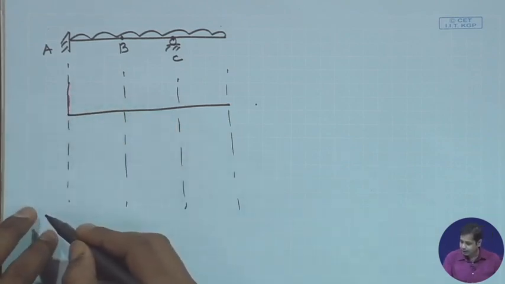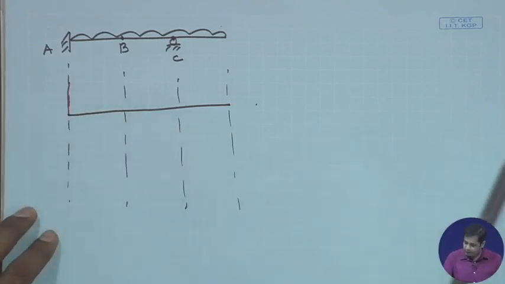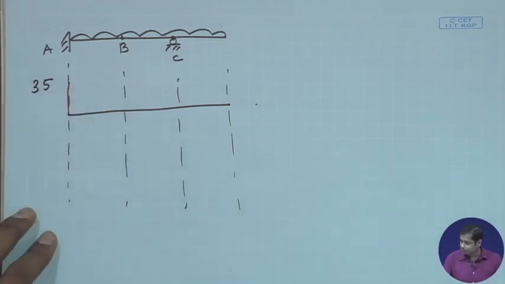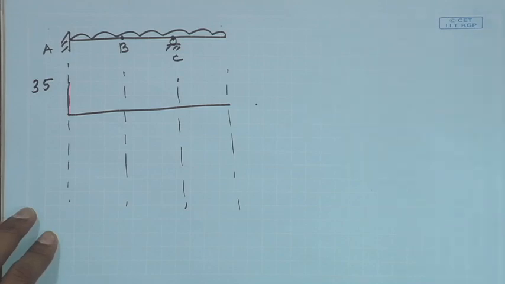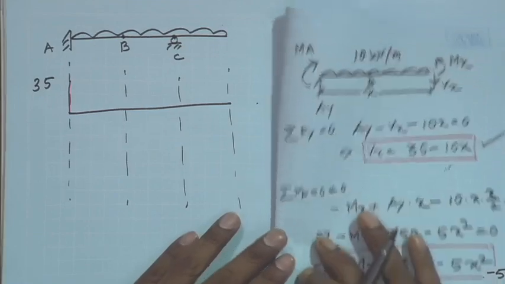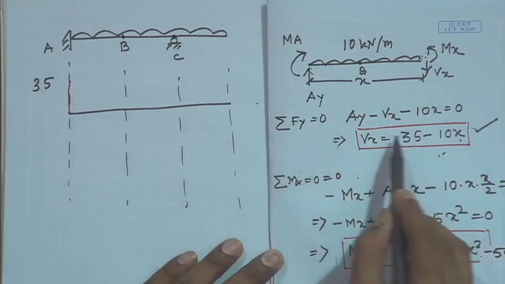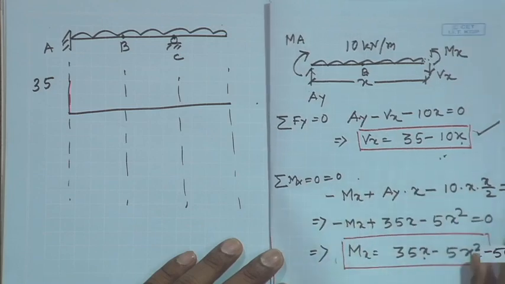This is linear, this is x is equal to 0, it is 35, and then it varies linearly.